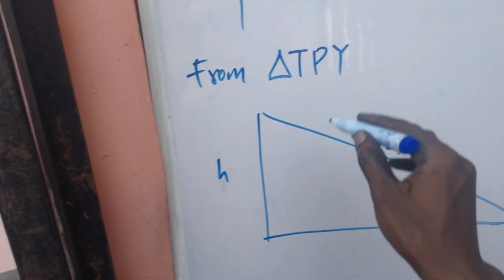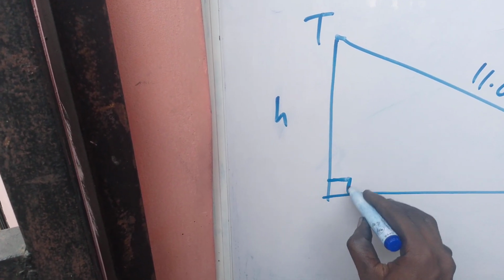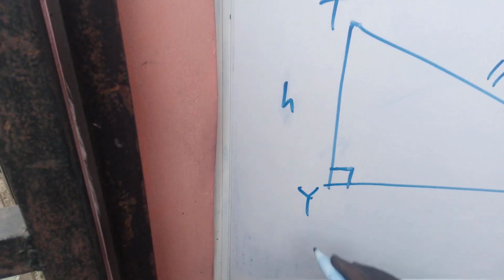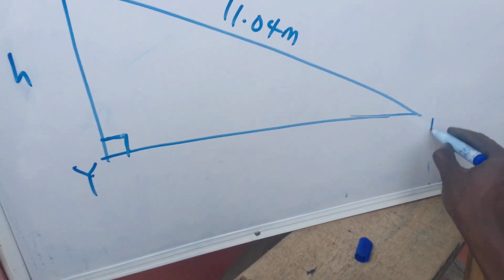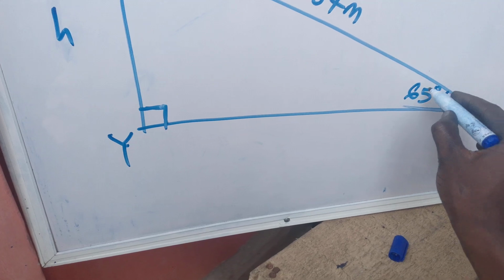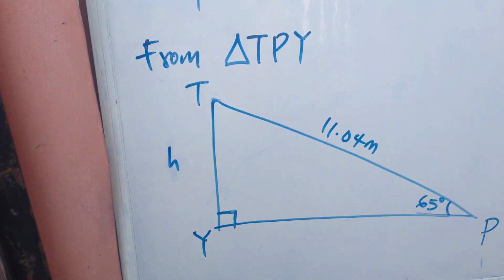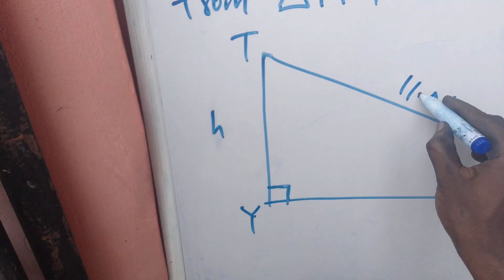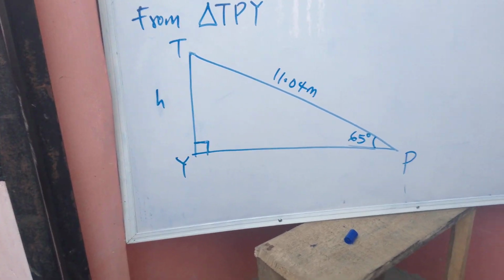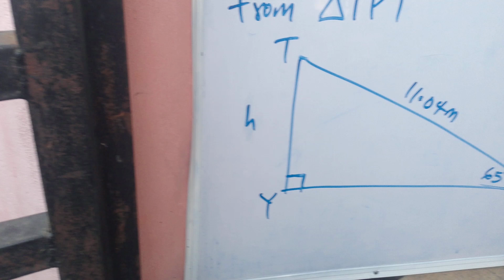This is T, this point has 90 degrees, this is Y, and over here is point P. The angle at this point is 65 degrees. Okay, so at this point now we can find the height.